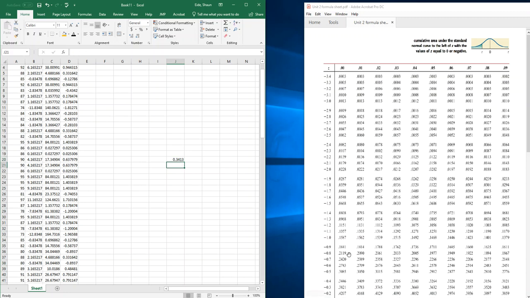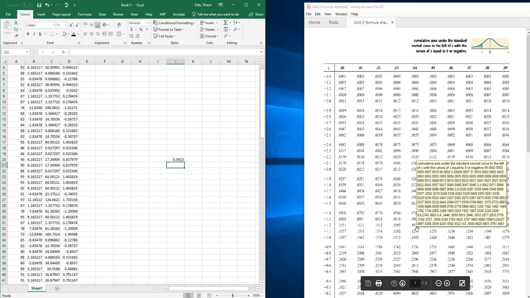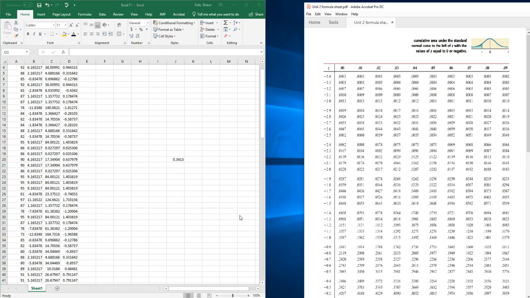And then I said 1.25, so we've got 0.5 minus 0.1056, and that's 0.3944.